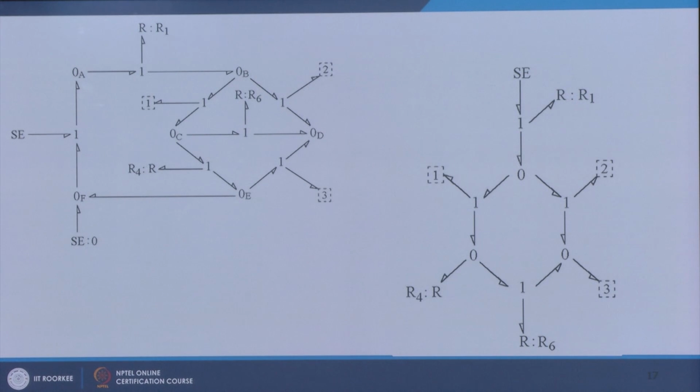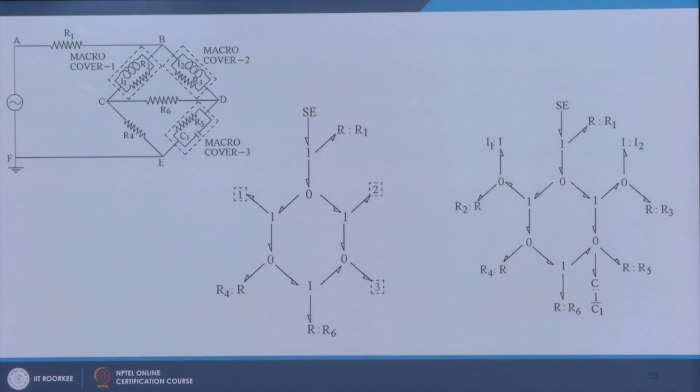So, I have R as R1, then I reach here 0B, and then between B and C, say this is 0B and this and C, I put 1, and then between C and E I put R4, and between E and D I put 3, and between say D and B I put 2. Okay. So, this is what I do here, fine.